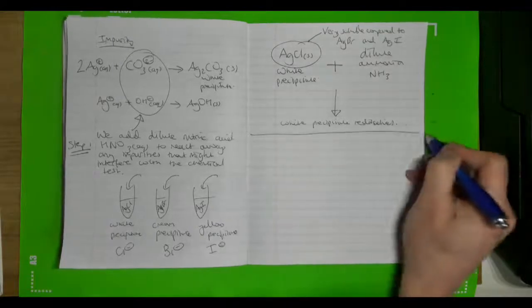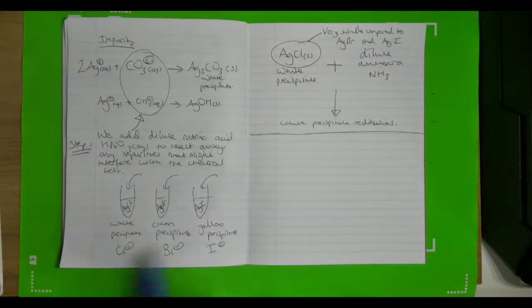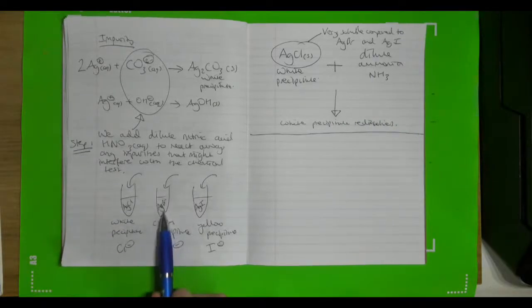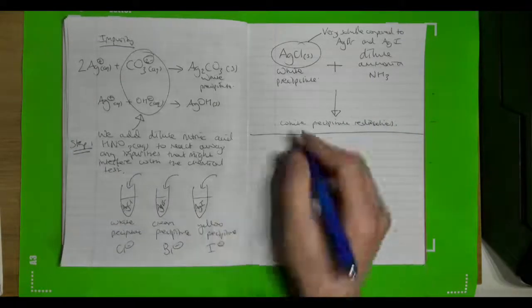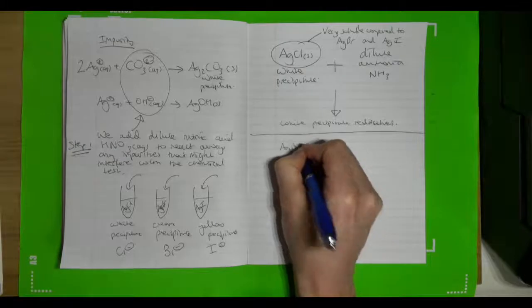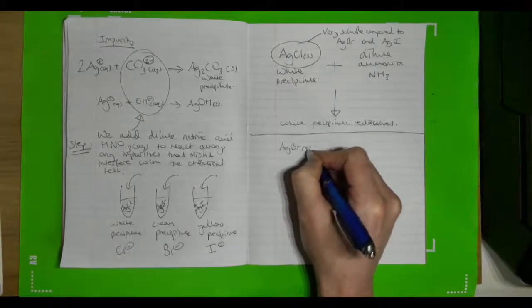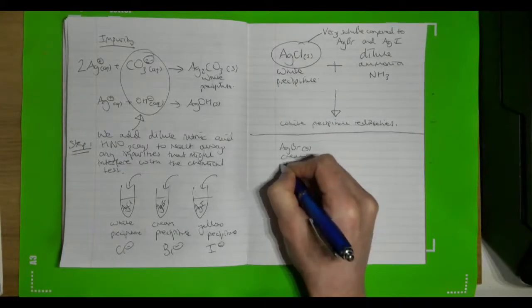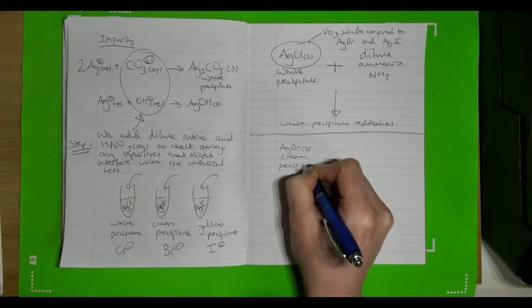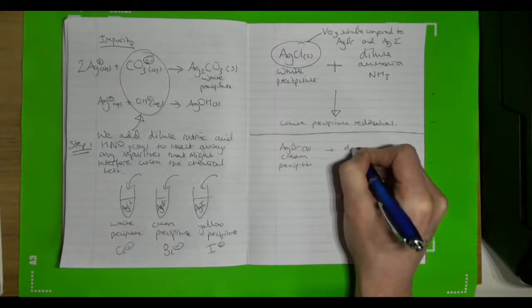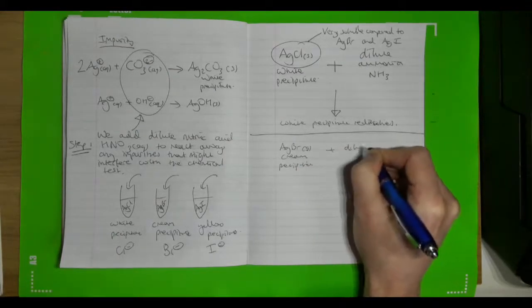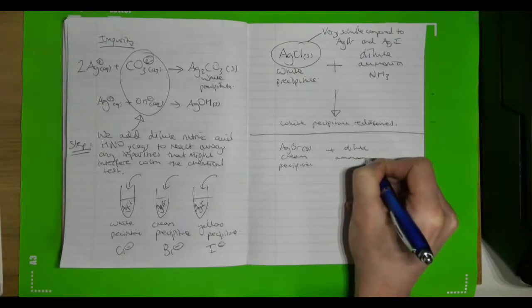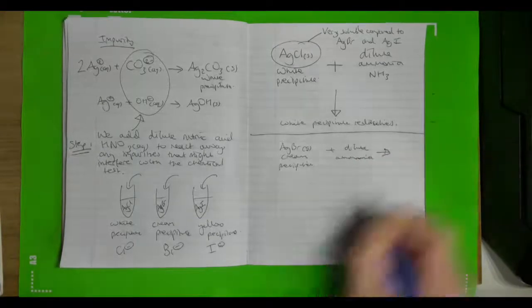Now, if we were to do the same thing and put that in the cream precipitate here, the silver bromide, the AgBr, which we think is cream, and we added dilute ammonia, there'd be no change.